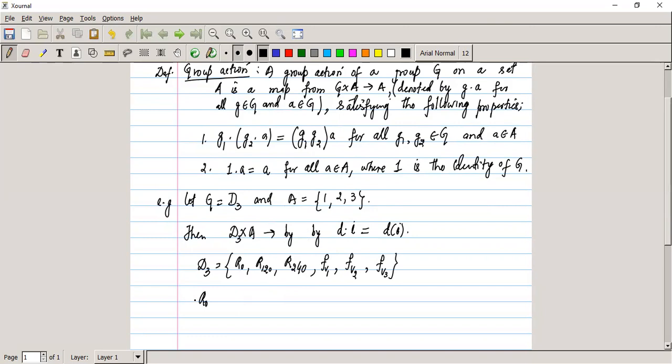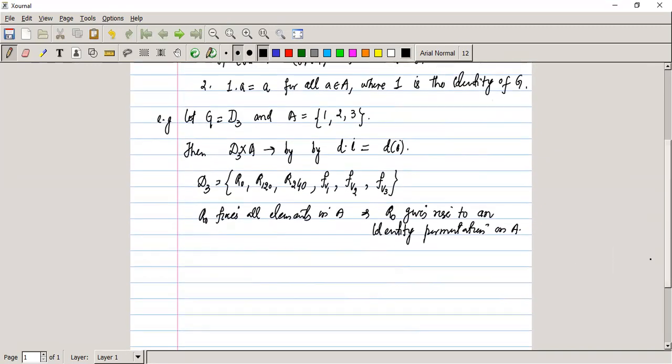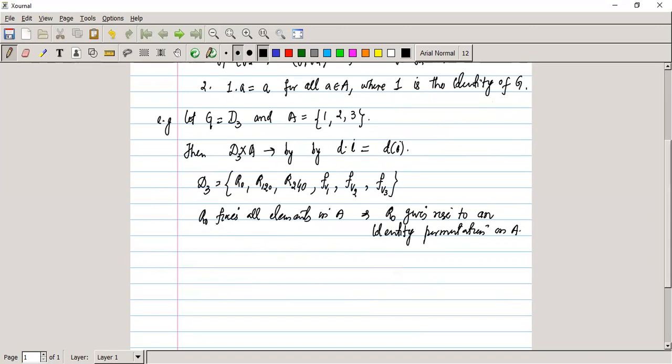So R0 fixes all elements in A. This implies R0 gives rise to an identity permutation on A.